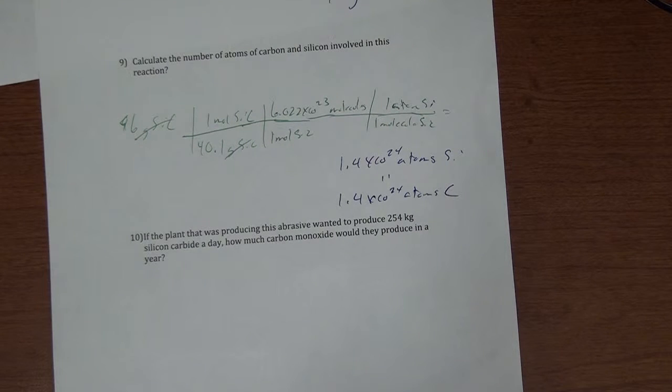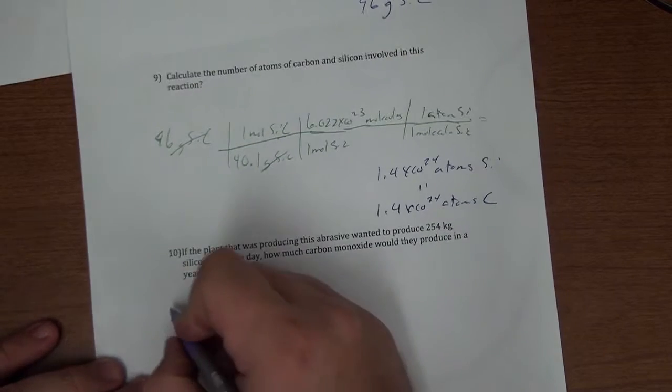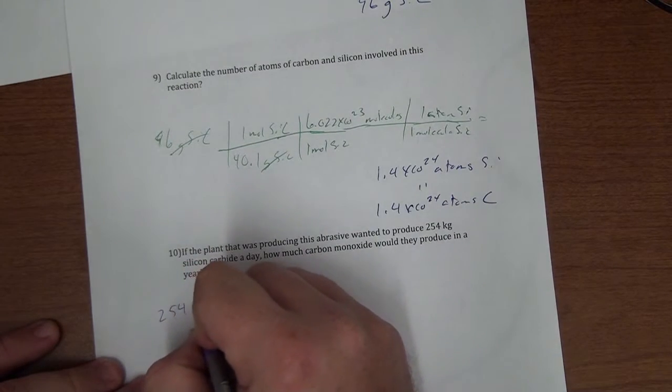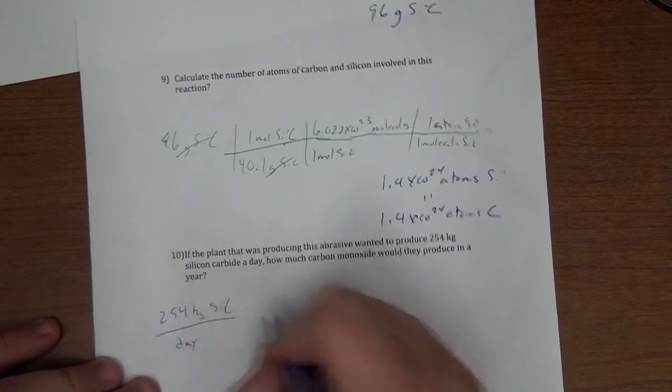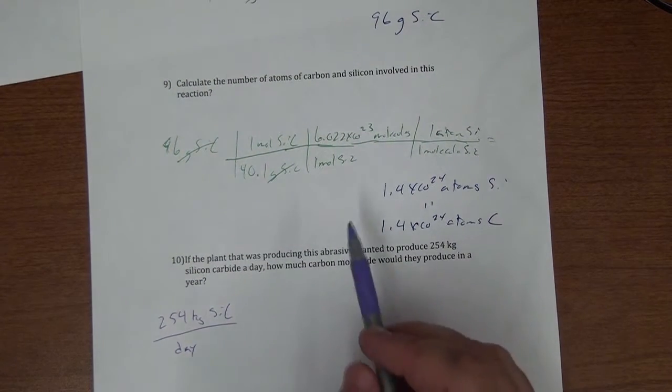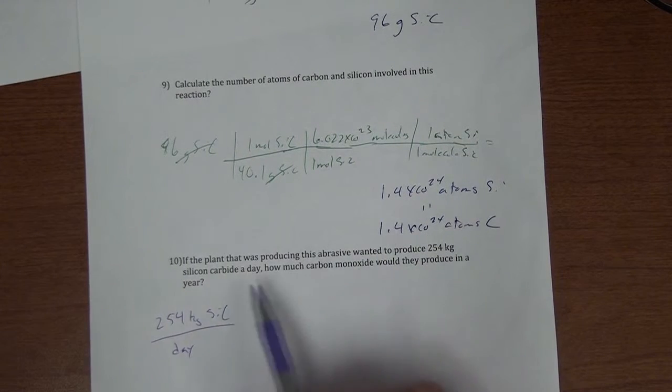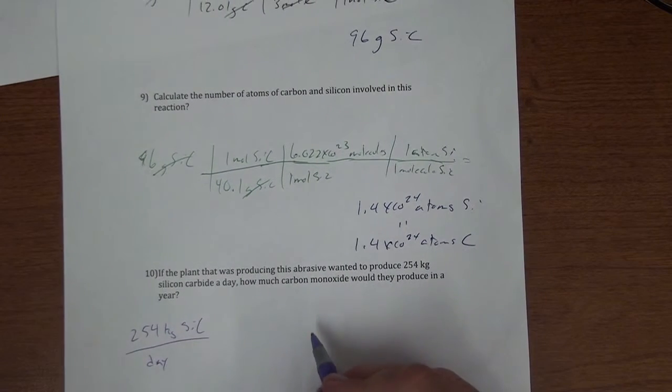So let's look at this last one. If a plant is producing this abrasive and wanted to produce 254 kilograms of silicon carbide a day, how much carbon monoxide would they produce in a year? Right. So we're producing 254 kilograms of silicon carbide every day, and we want to go to carbon monoxide in a year.